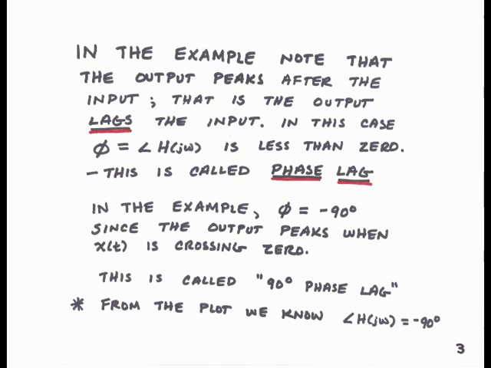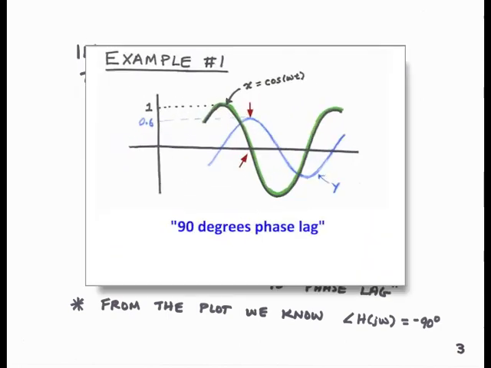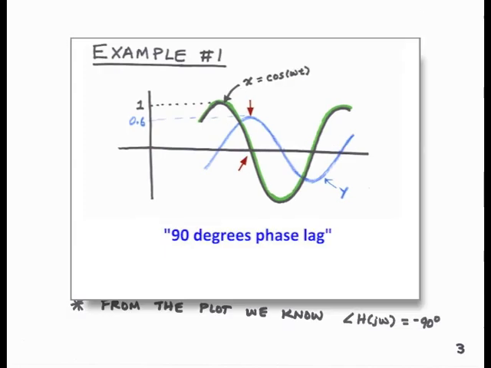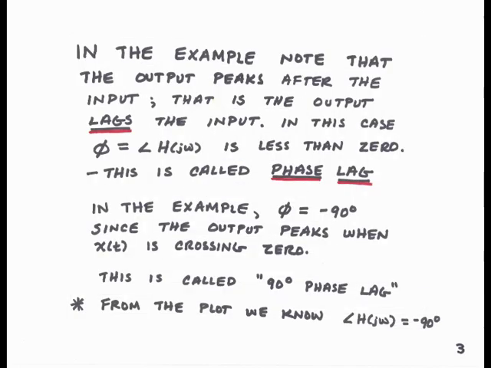In the figure on the previous page, the phi that's shown is minus 90 degrees. And you know that since the output peaks when the input is crossing 0. This is called 90 degrees phase lag. So from the plot, we know the magnitude of H of j omega at this frequency is 0.6, and the angle of H of j omega is minus 90 degrees.